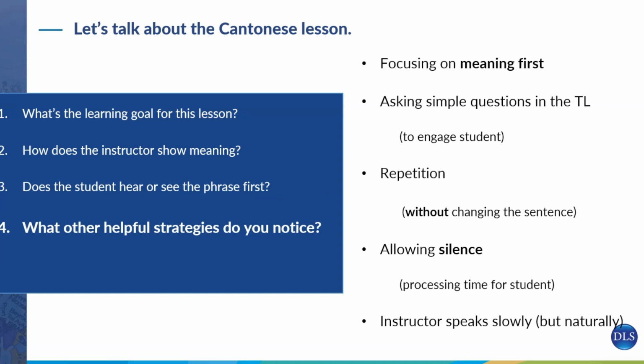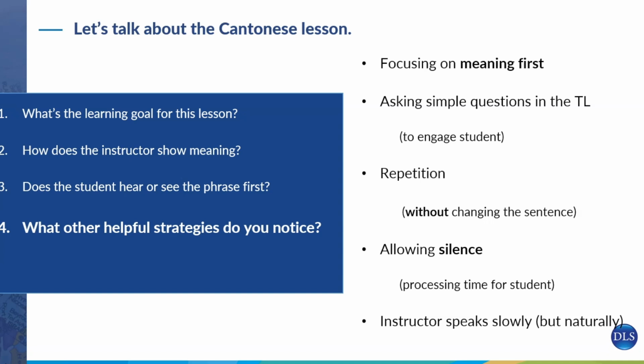Other helpful strategies you may have noticed could be focusing on meaning first. So even when the student made a few mistakes, like saying you when she meant me, or forgetting to use a pronoun entirely, that was okay. The teacher didn't really make any adjustments or corrections to that unless it created a hindrance in the message coming across.